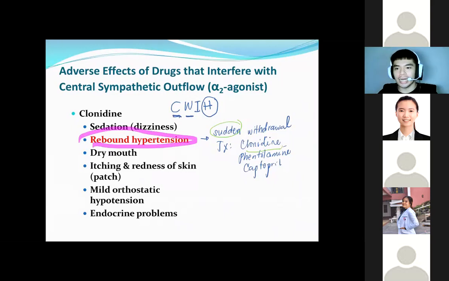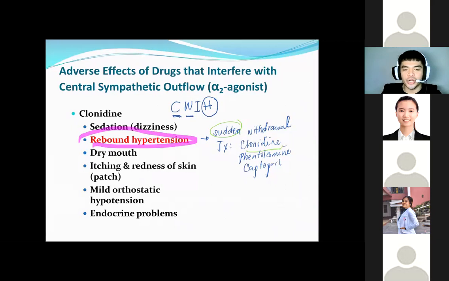Babawasan mo gradually ang dose para maka-cope up ang katawan natin hanggang mawala na ang clonidine. Okay, so that is because of sudden withdrawal. So yan ang major adverse effect ng clonidine.